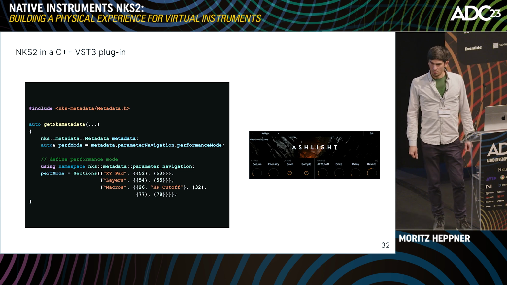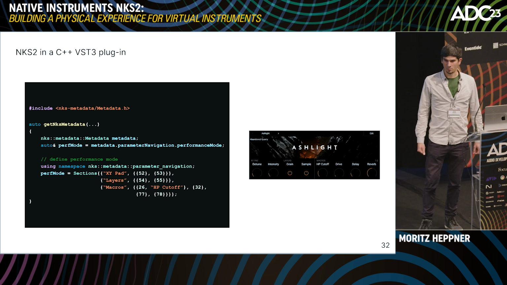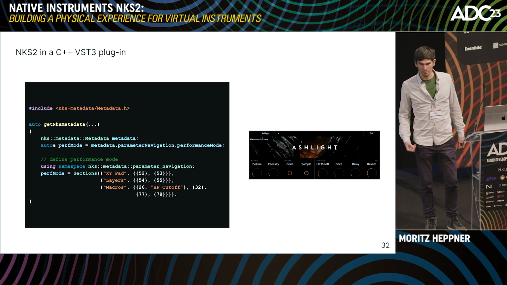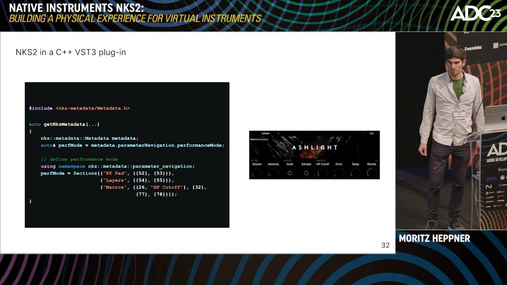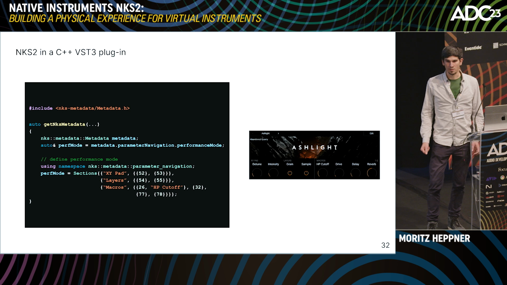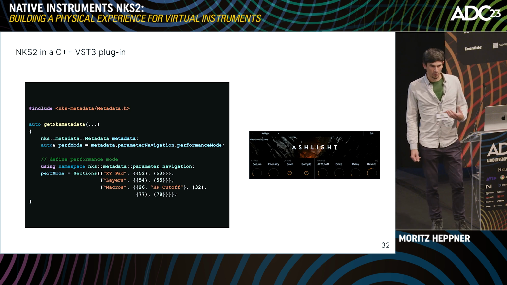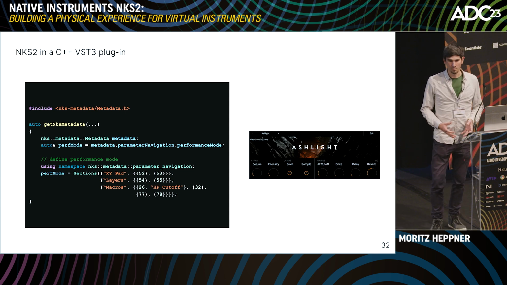Regarding parameter navigation, there's again an encapsulating object, and this is called parameter navigation. Inside, there's one data member called performance mode, and a second data member representing edit mode called groups. Performance mode essentially is a std vector of sections, and each section is composed of a string representing the name, and then another vector representing the parameters, so the parameter placements to be precise.